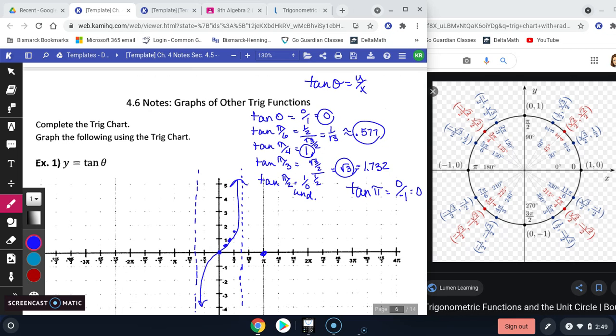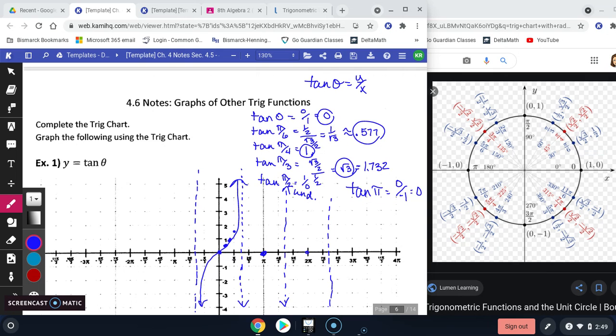What's going to happen as you plot more points going around this unit circle is you're going to find that there's a span of pi units in between asymptotes. There's an asymptote here at pi over 2, at 3 pi over 2, and another at 5 pi over 2.